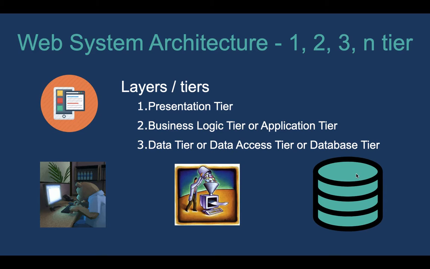If you again talk about the Yahoo Mail service, what do you think the database tier will store? The database tier over here will store the username and the password of all the users who are using the mail service. Whatever I have explained on this screen is quite similar to what you have studied in front end and back end.